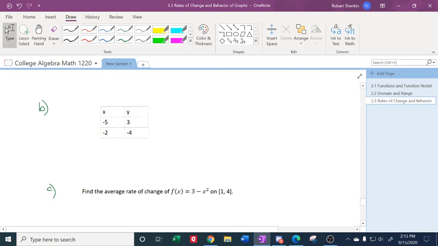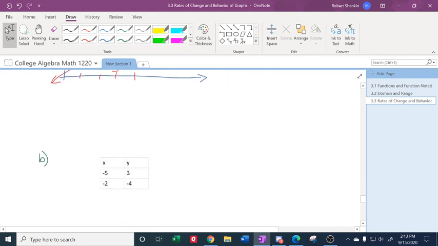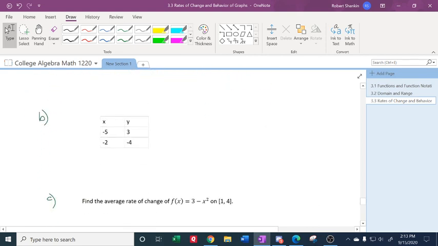So the B, because the same directions, it's find the average rate of change. So I'm going to find the average rate of change. It's a slope. And it's the difference in the y coordinates over the difference in the x coordinates.